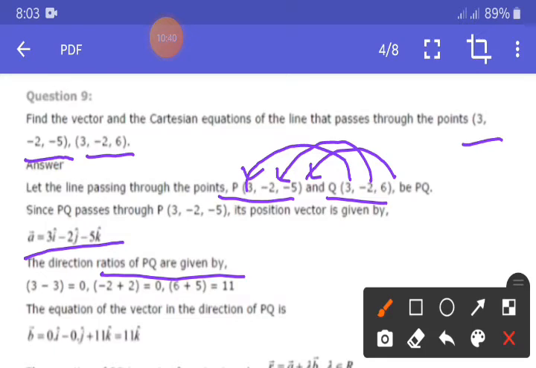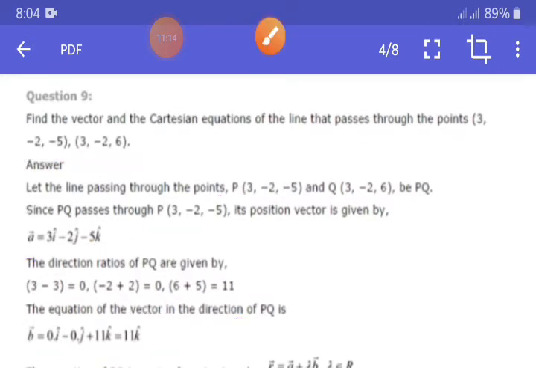Then the vector in the direction of PQ is B vector equal to 0i cap minus 0j cap plus 11k cap. So B vector equal to 11k cap. So we know A vector and B vector.